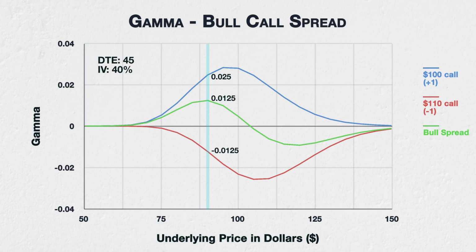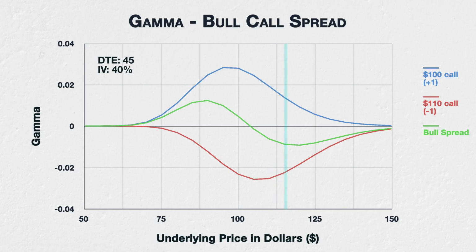It is around this underlying price that the rate the gamma of the $100 call is increasing is outpaced by the increase in gamma of the $110 call. Because of this, the gamma of the spread now starts to decrease, though it is still positive for now. By the time we get to an underlying price of $104 and beyond, the gamma of the spread is negative.